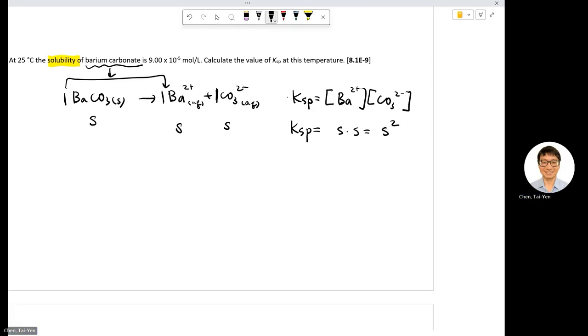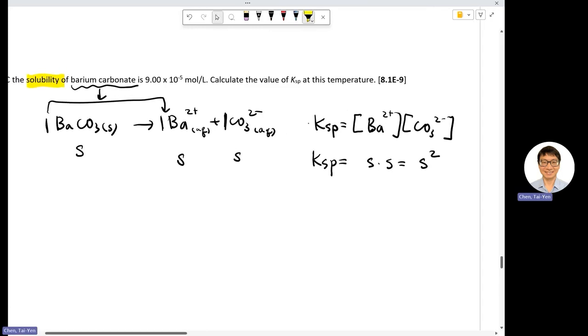Okay. The only thing you want to be careful about is that when you compute your Ksp, you must use the molar solubility, right? Then you check out the unit. Okay, it's mole per liter, right? So this is a molar solubility. That means you can just use it as it is.